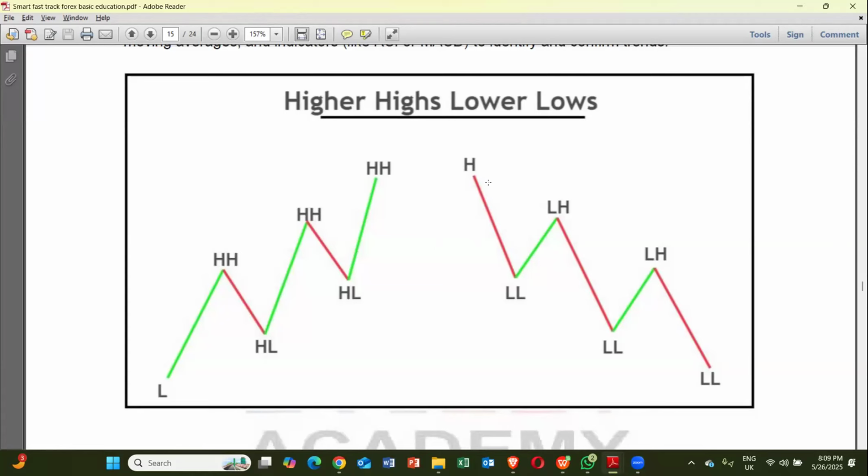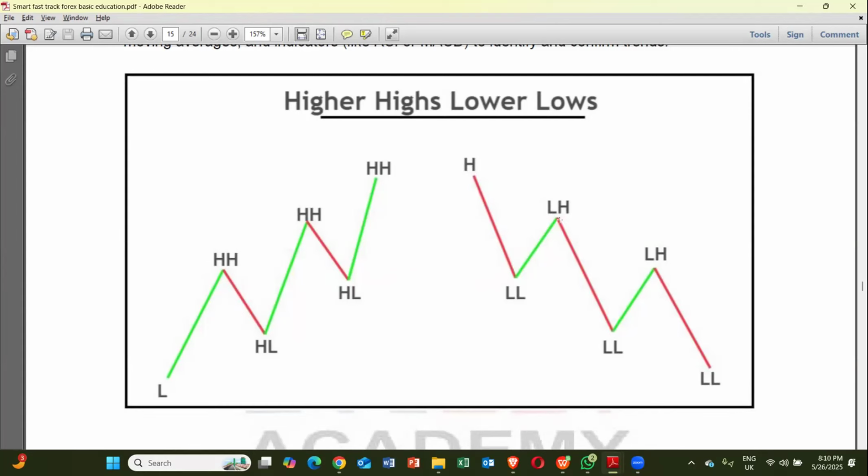Now let's look at the case of a downtrend. Let's assume this was the movement up. As soon as the higher low has been taken out, the trend has changed. In this case, we have this high and a lower low was created. Now this is another high, which is a lower high, because it's lower than this previous high.